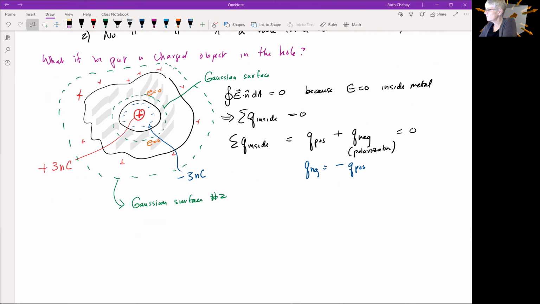And for this surface, we know that here's Gauss's law, integral of E dot n hat dA, the electric flux, is equal to charge inside over epsilon 0. Well, we know that the metal was neutral to start out with.